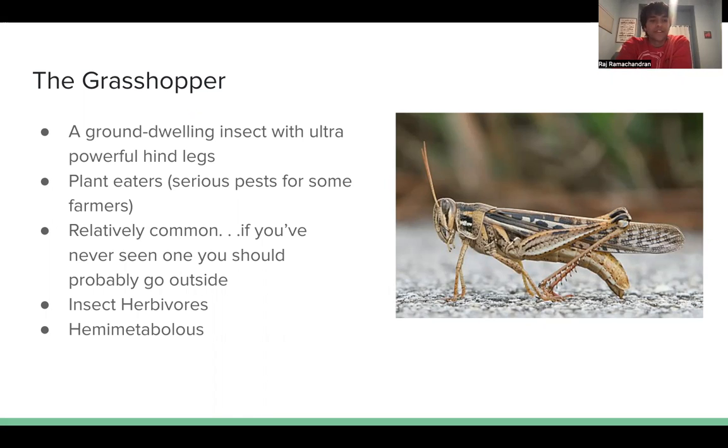They're insect herbivores again, and they're hemimetabolists, which means that they don't go through complete metamorphosis or true metamorphosis, but they do molt. I think there's something like 5 molting stages in the life of a grasshopper.